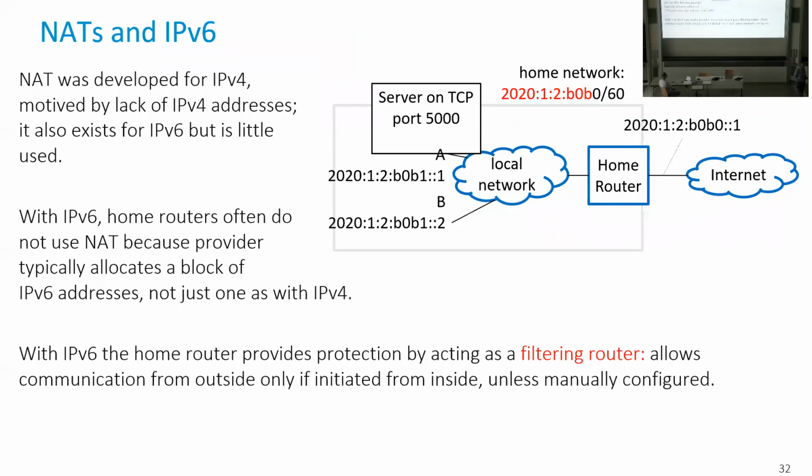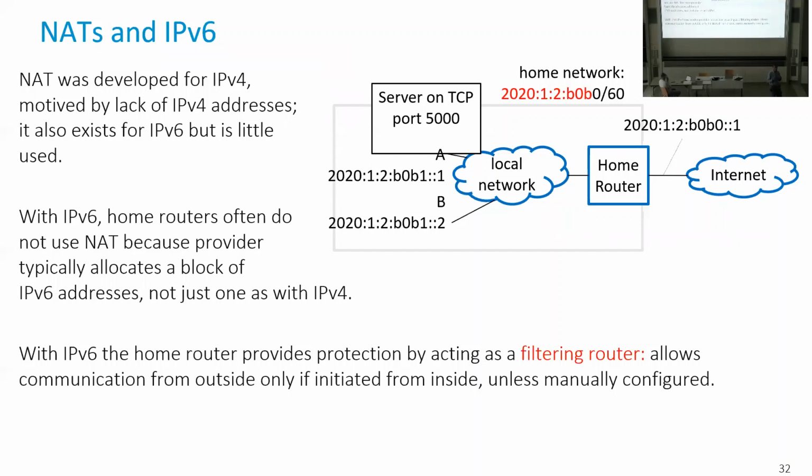In theory, you can do the same thing for IPv6. But if you think about it, the need for NATs with IPv6 disappears because of IPv6 with this astronomically long prefix. So we don't expect that the provider would be so mean to give you only one IPv6 address.